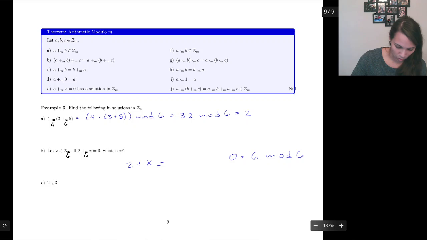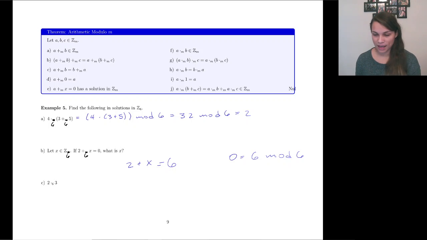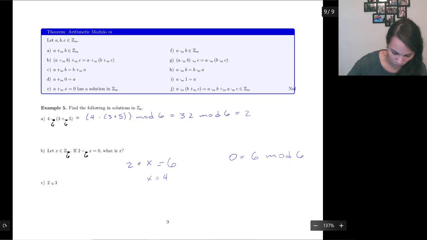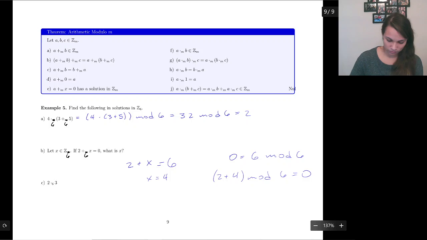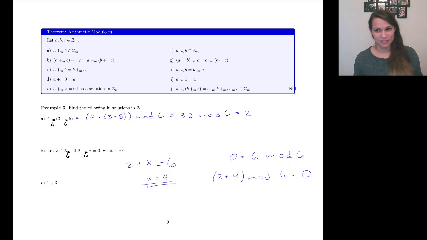So we're going to try and find the X that adds to 6, because that will get mapped back to 0. So then X is equal to 4. So then 2 plus 4 mod 6 will equal 0. And that's how you find how to add to 0 in these special sets, Z mod m.